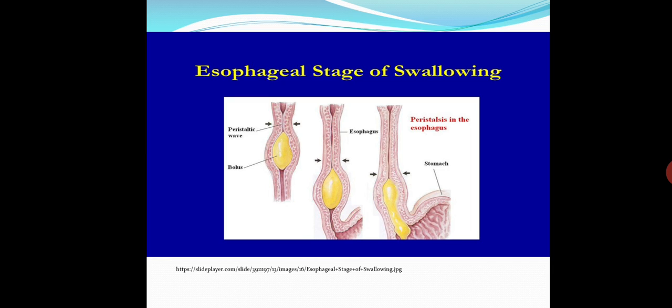The larynx moves back to the original position. Here, in the esophagus, there are two types of movements, primary and secondary, in the esophageal peristalsis.